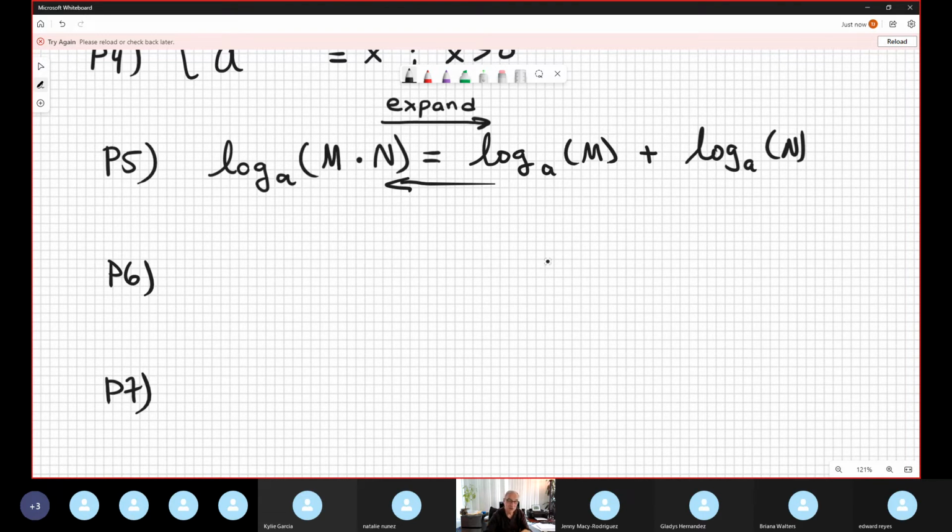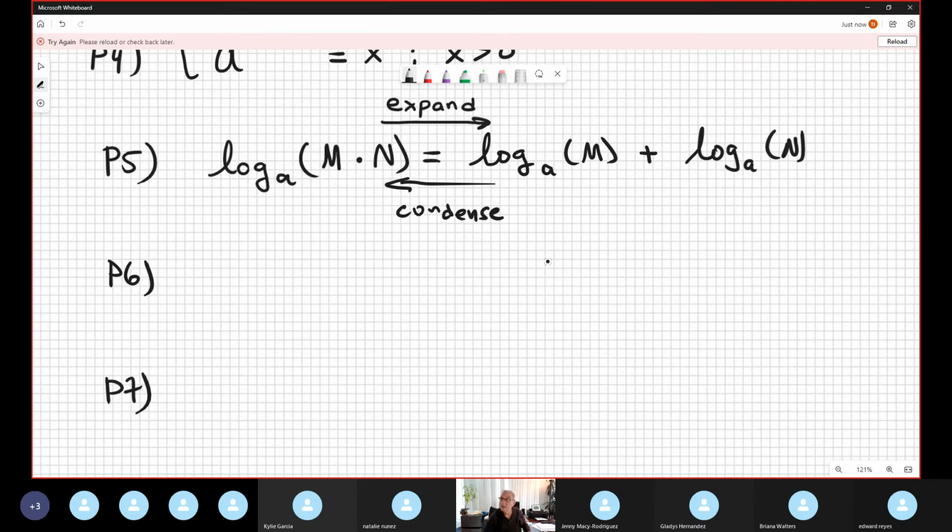Another possibility is condensing. You have, for example, 2 logarithms, 3 logarithms, 5 logarithms, 20 logarithms, and you condense them into only one. It's fantastic in algebra. Okay, you are solving a logarithmic equation, and this logarithmic equation contains 5 logarithms, and you condense it into only one. That's super easy.